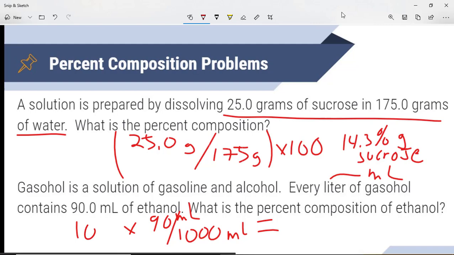And ethanol in gasohol is 9.00% ethanol.